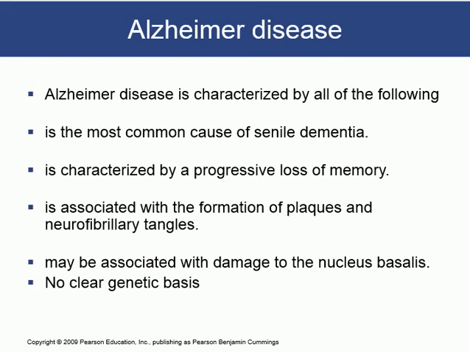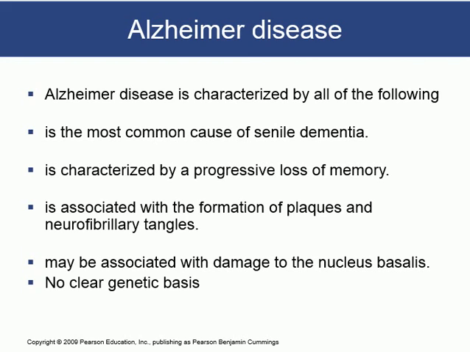And the anatomical changes, I just mentioned that, plaques and neurofibrillary tangles form and deposit in the cortex. Are we following? Alzheimer's, the most common form of senile dementia. What's senile dementia? Loss of memory in older age. Why?